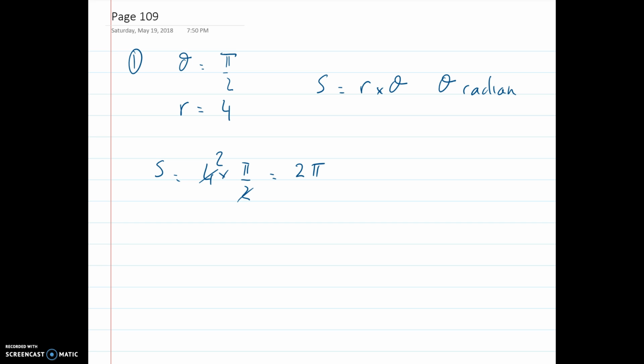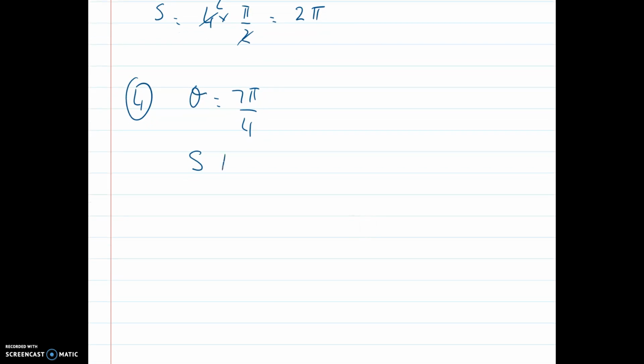If I do the same thing with problem number 4, they are telling you that the angle theta equal 7 pi over 4, and the arc, this time, S equal 14 pi.